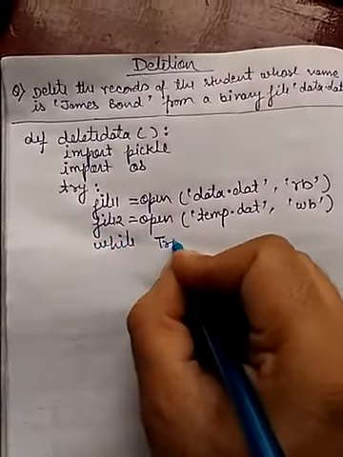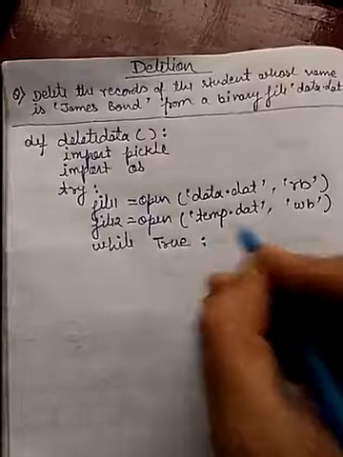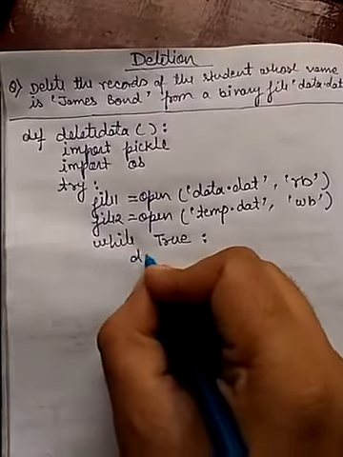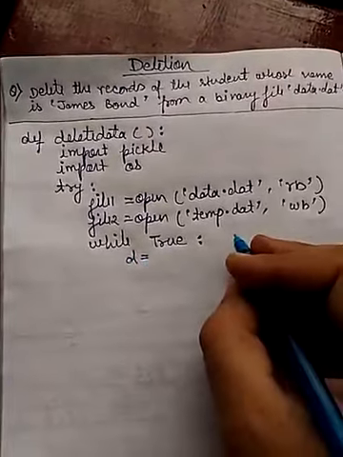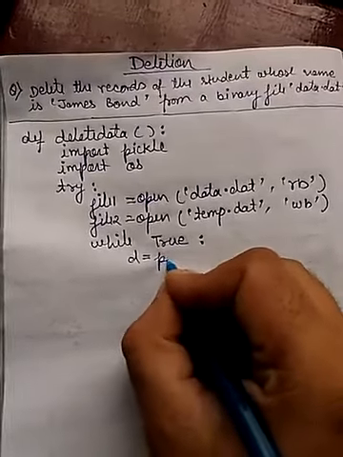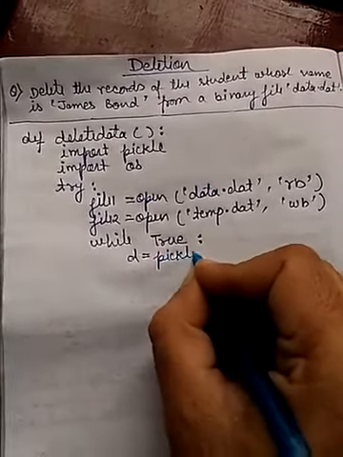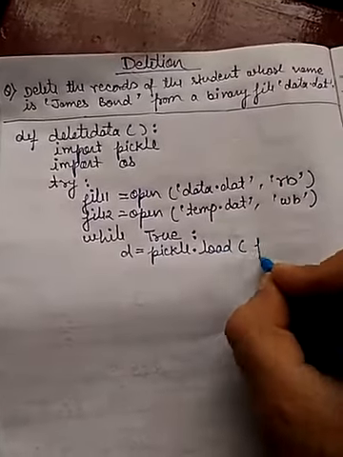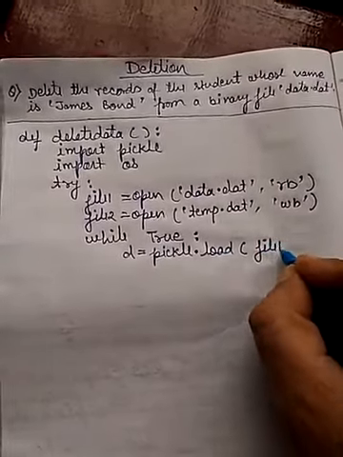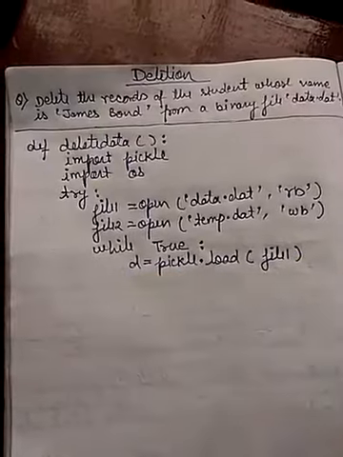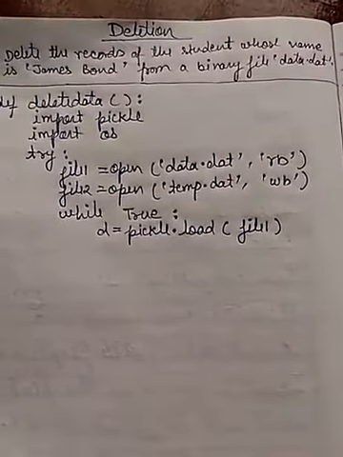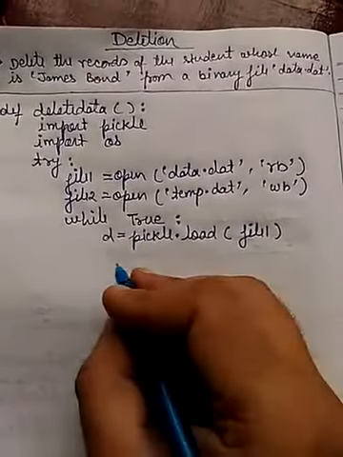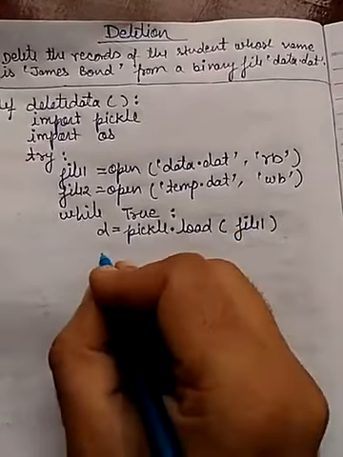While True, we have to load the dictionary from file1. That's why pickle.load(file1). The dictionary will be loaded in D. Now we need to check whether the name of the person is James Bond or not.